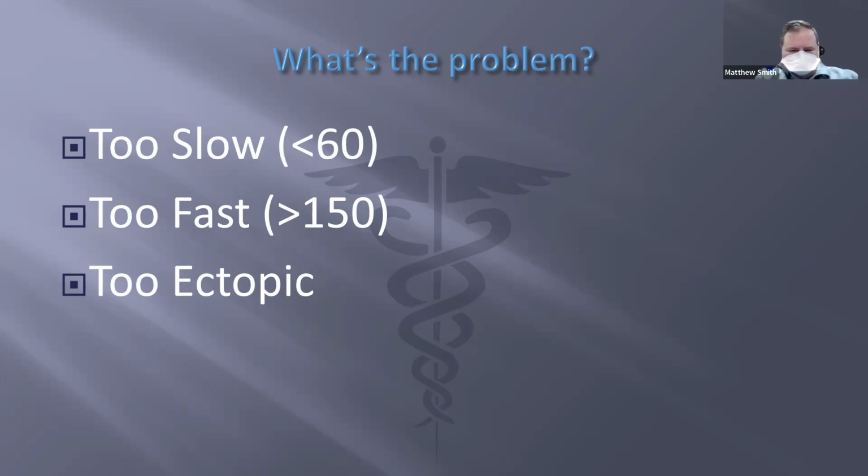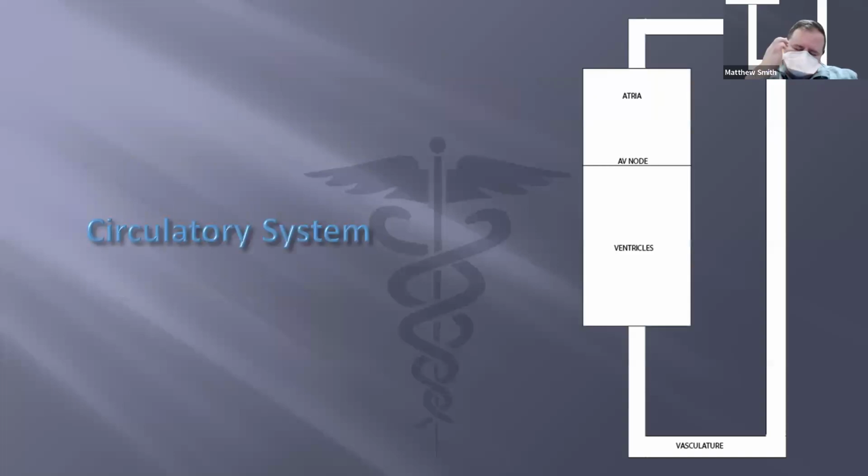So if we continue with this, this is the schema, the map that we're going to be looking at as we work through this together. We have basically the atria and the AV node, the ventricles, and then the vasculature.